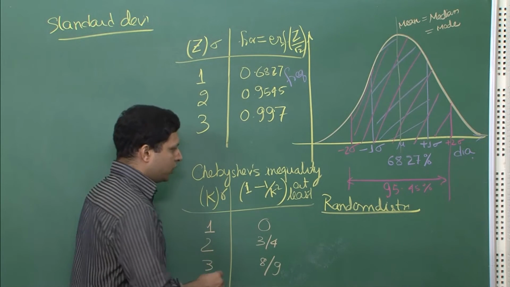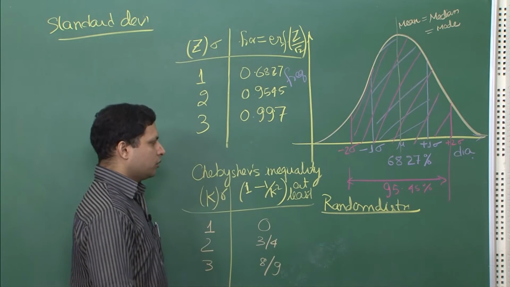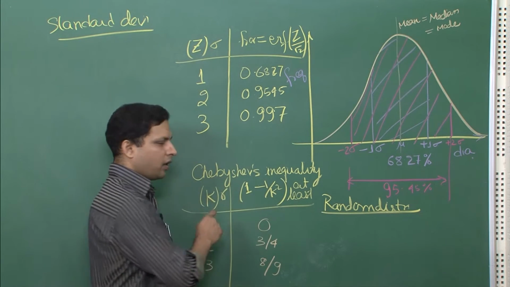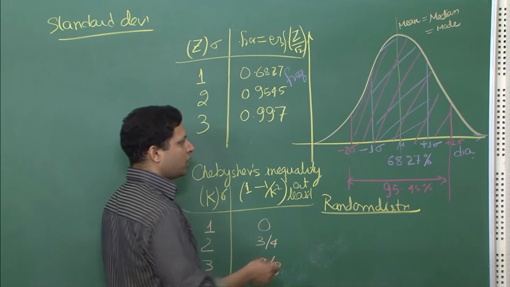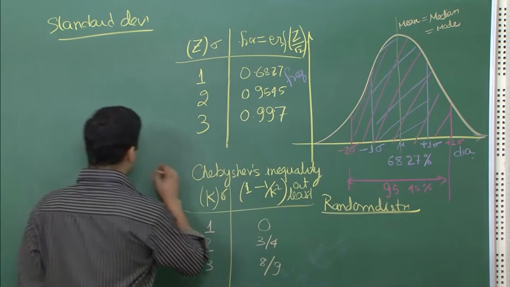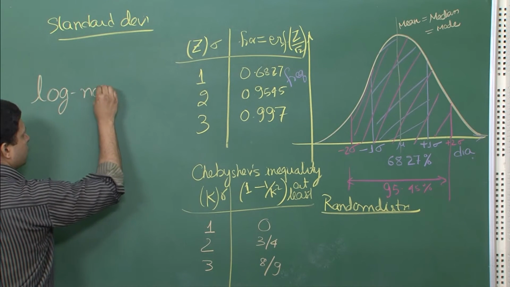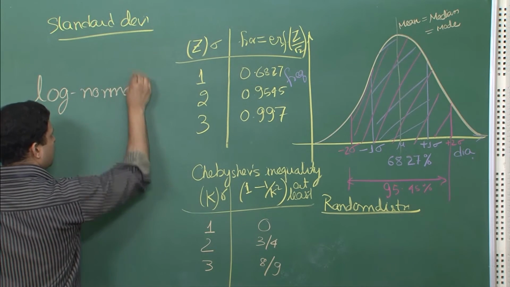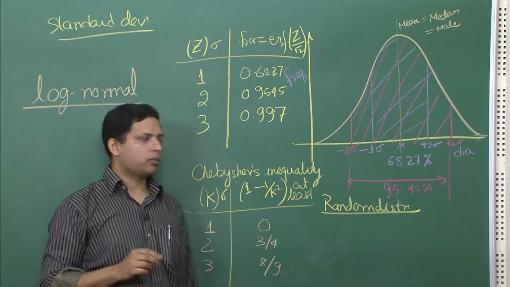However, what you would find when we go on is that for the powder that we get from a particular method, most of the time the distribution is what is called a log normal distribution. It's not normal, it's not random, it's log normal distribution.